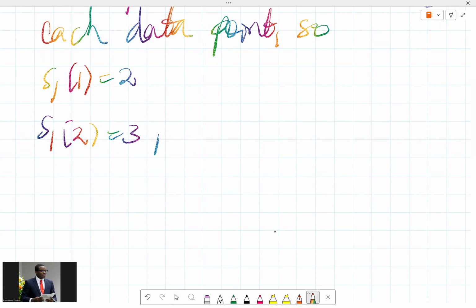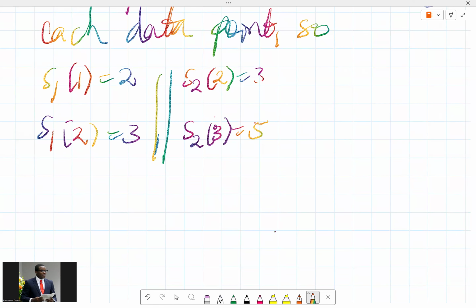Then apart from that, we should also have that S2 of 2 is 3 and S2 of 3 is equal to 5. So that's to ensure we have something like these two now. So S1 of 2 is the same thing as S2 of 2. So it's that same point to ensure we have that continuity that we're talking about.